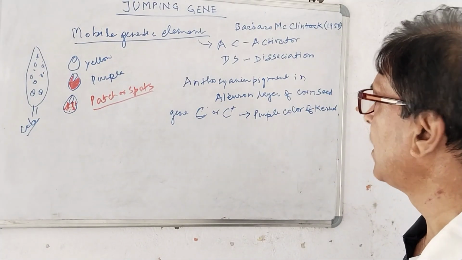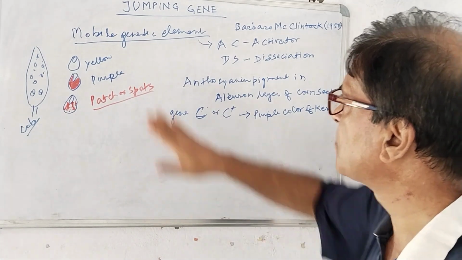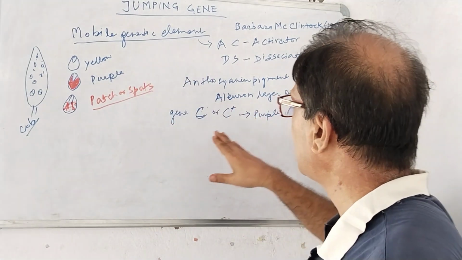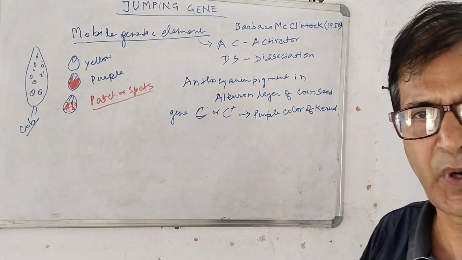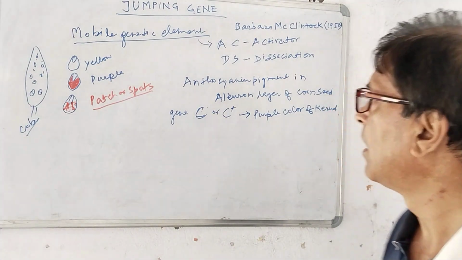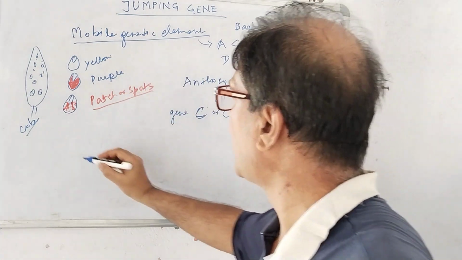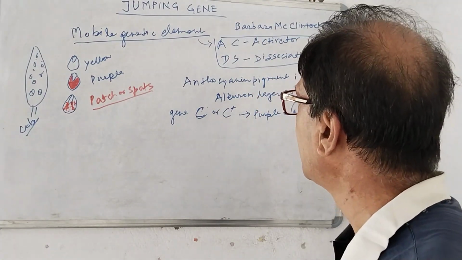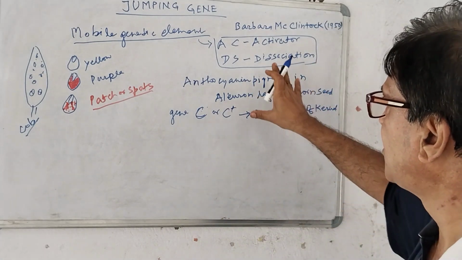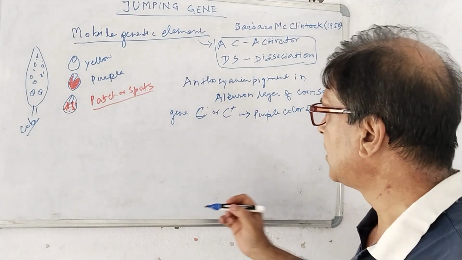But due to the presence of this mobile genetic element, this color is not uniformly expressed in every seed. There are two kinds of this element, as we have already mentioned, activator and dissociator. These elements get inserted into this gene.